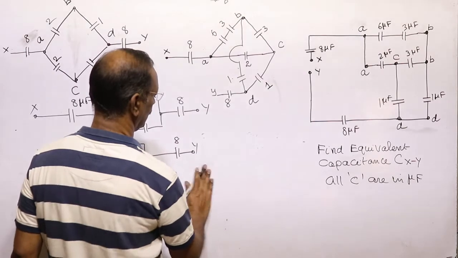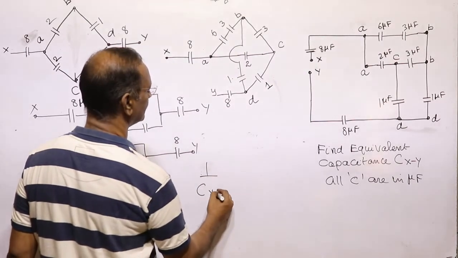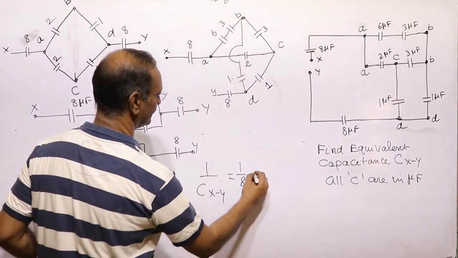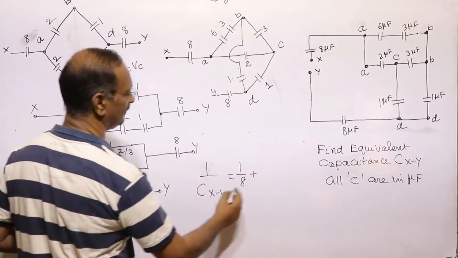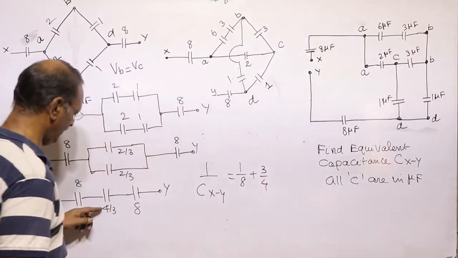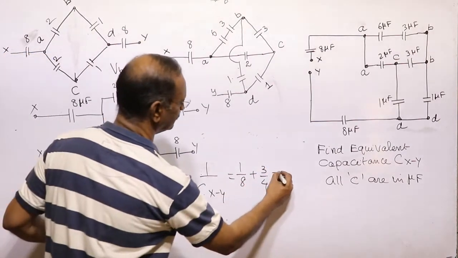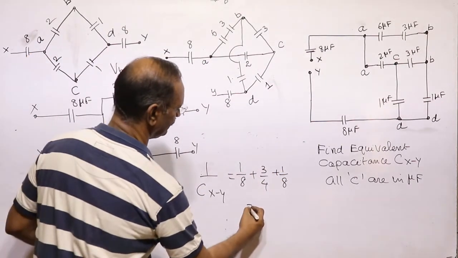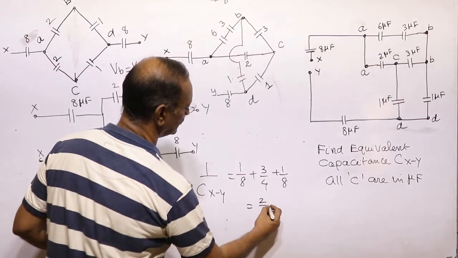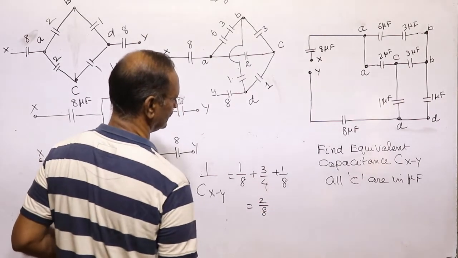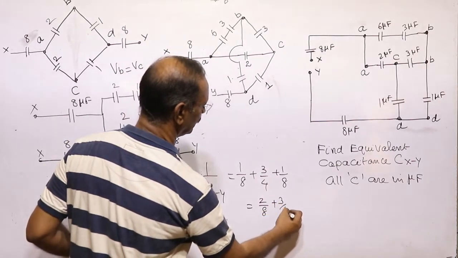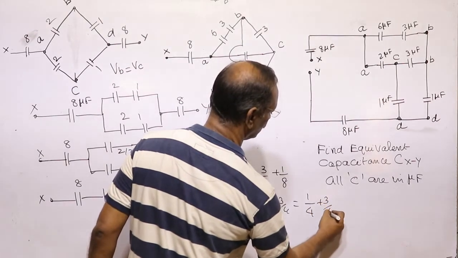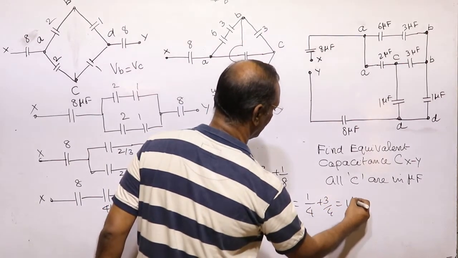The equivalent 1 by C between X and Y is equal to 1 by 8 plus 1 by 4 by 3, that becomes 3 by 4. So this is 1 by 8, which is 2 into 1 by 8, plus 3 by 4, is equal to 1 by 4 plus 3 by 4 is equal to 1 microfarad.